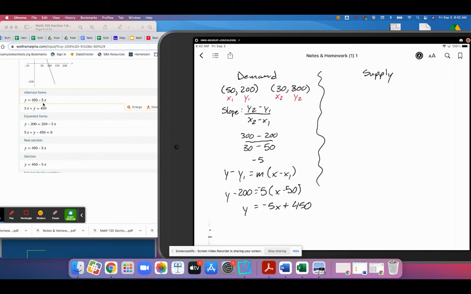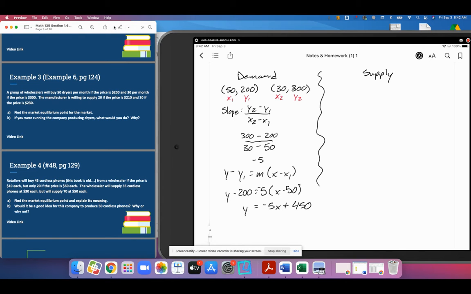All right. And moving on to our supply function. For our supply function, we have 20 dryers if the price is 210. And we have 30 dryers if the price is 230. So similarly, we have 2 points. We do need to use point slope form, and for that we need the slope. So we're going to have y2 minus y1 over x2 minus x1.